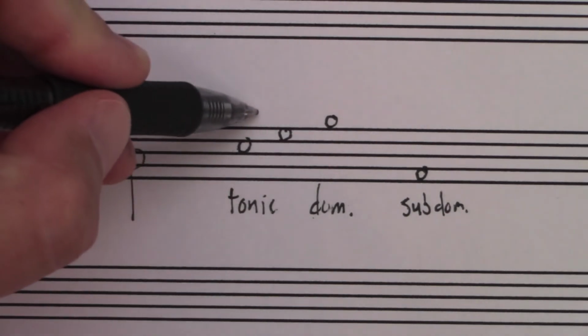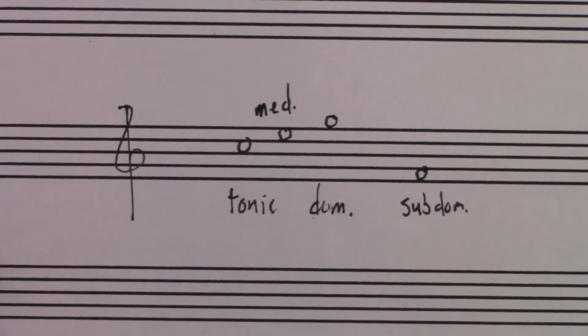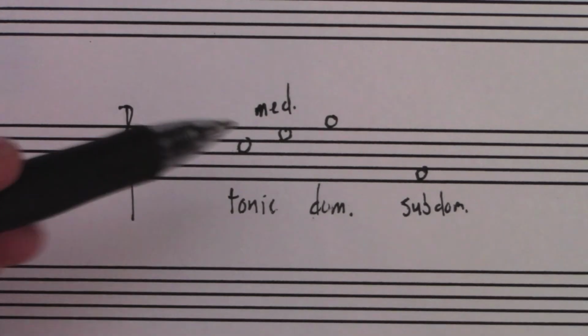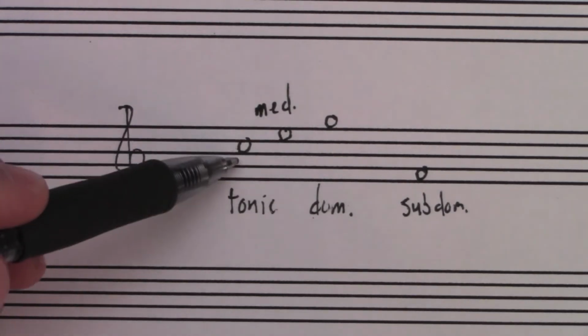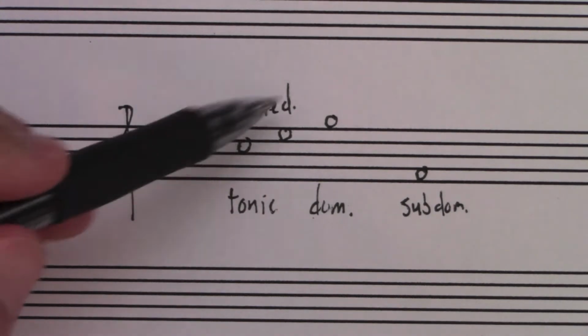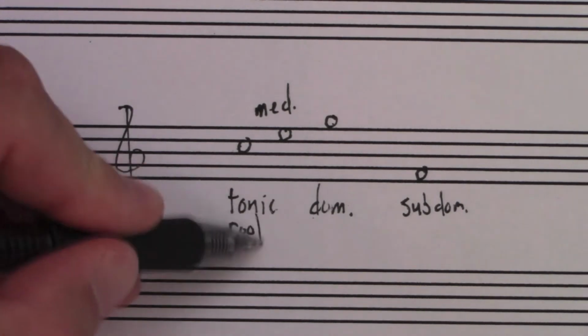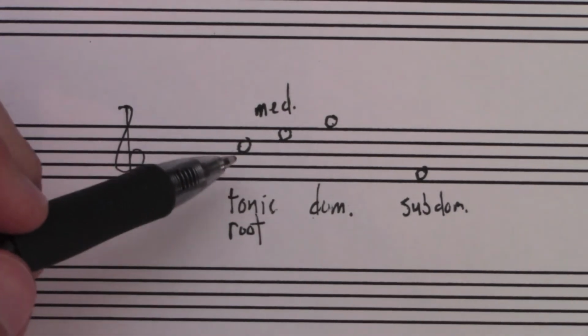And this is called the mediant. Not median, like the middle of the road. Mediant with a T on the end. It's up a third from tonic. Why is it the mediant? Because it's between the root, the tonic, yeah, it's also called the root, and the fifth.